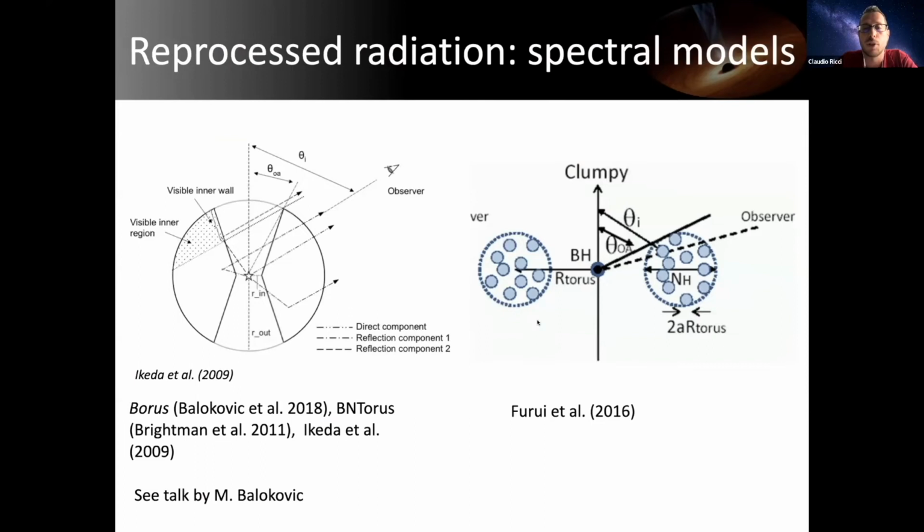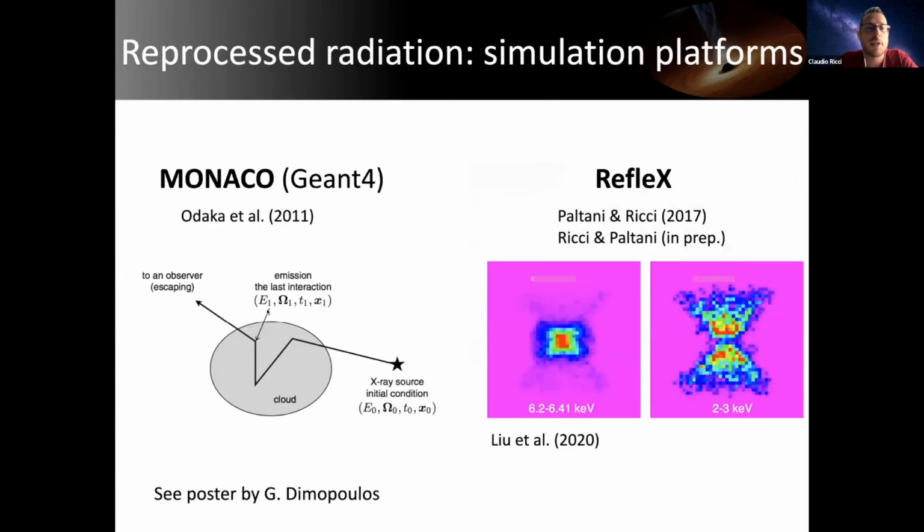We also have models that include clumpiness. And on top of this, there are several ray tracing platforms that have allowed to include more complicated geometries. One of those is the MONACO platform, which uses GEANT4, a tool originally developed by CERN to study particles in accelerators.